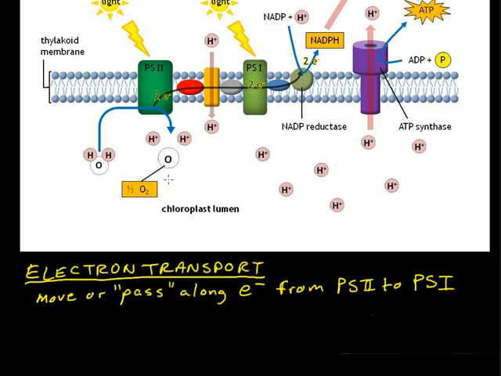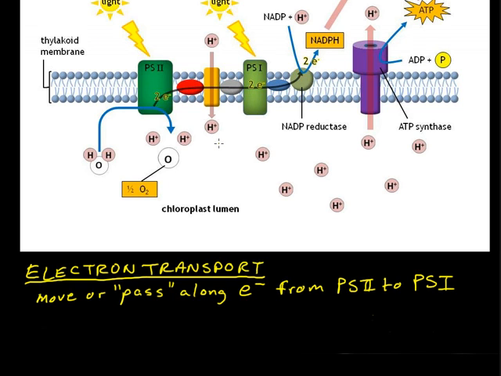Now, one step along the way, as you might have noticed here, does something beyond just play hot potato with electrons. And this guy right here takes a little bit of the energy that's inherent in those electrons and uses it to move some hydrogen ions from the chloroplast stroma on this side of the membrane in and through the membrane, which they normally cannot pass through.